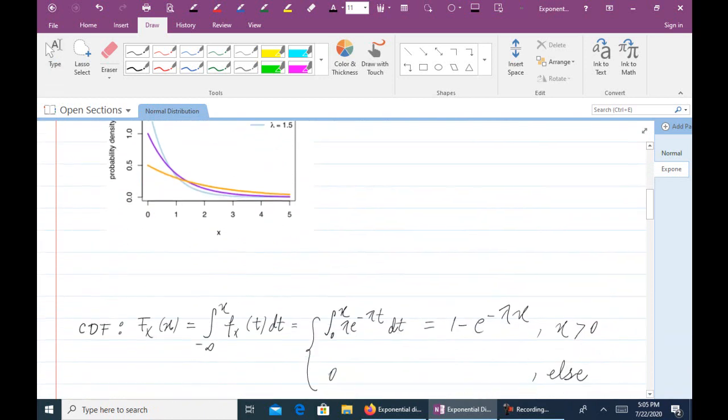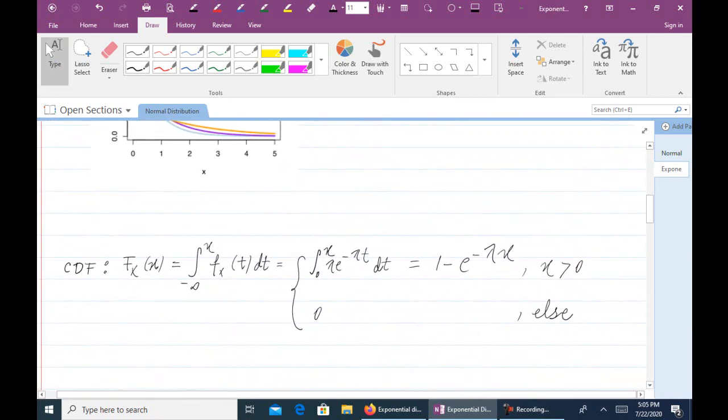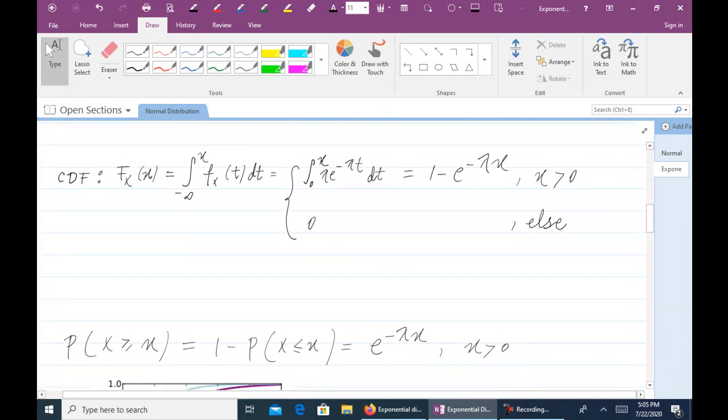Now let's look at the CDF. The CDF is capital F of x. Well, that is the probability that X is less than or equal to small x. In terms of the PDF, it is the integral from negative infinity to x of f_X(t) dt.